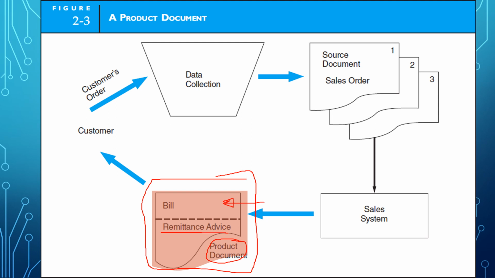It will be the remittance advice. So that is how the cycle goes back to the customer. When we send the bill and receive the cash, it brings us the turnaround documents.